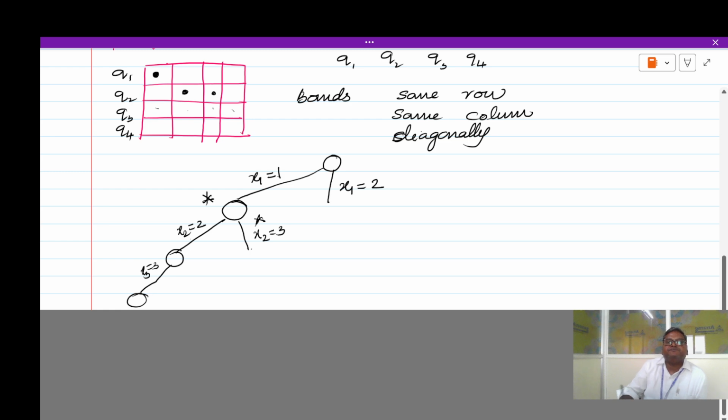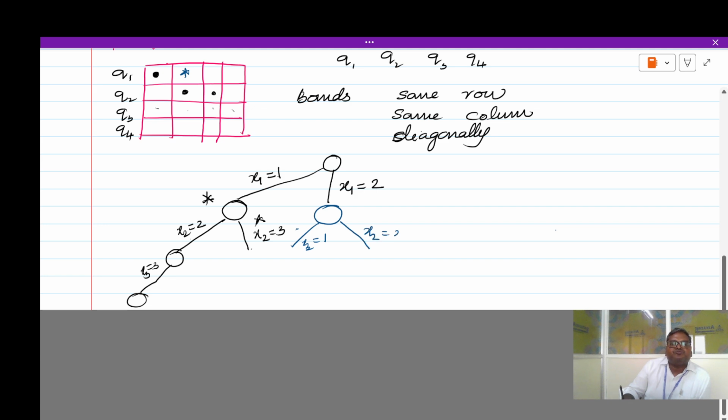Here I'll start with x1 is equal to 2, or Q1 is equal to 2. Second column I started. Once I put the second column, if I go to x2 as 1, it will become diagonal, so I will not explore that.